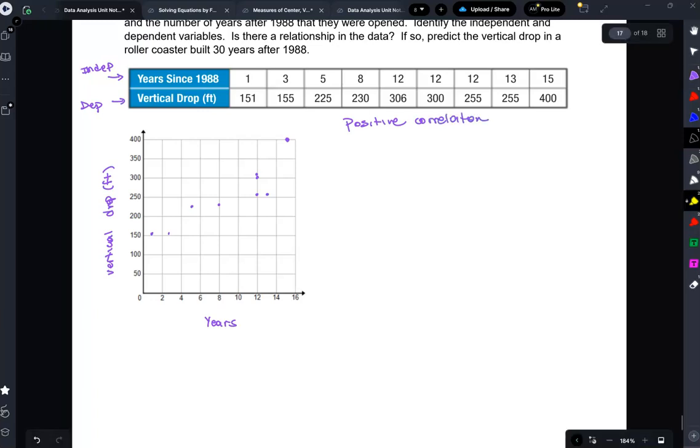Now, what I want to do is pick two points and draw a line. And I want the line to be such that it passes through or in the middle of most of them. So you know what I'm going to do? I think I'm going to take this and this point, the bottom point, and I'm going to take my ruler and draw a line in between those two.